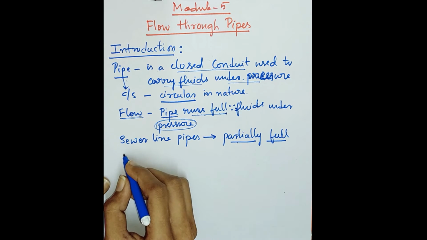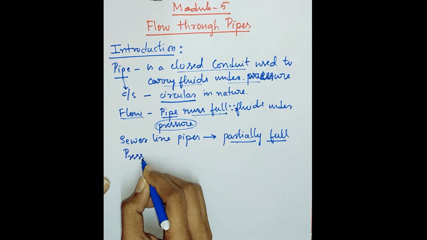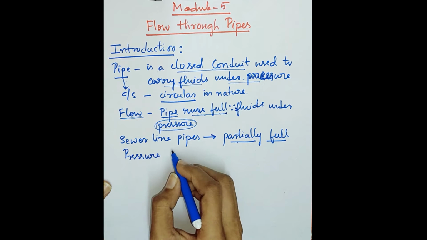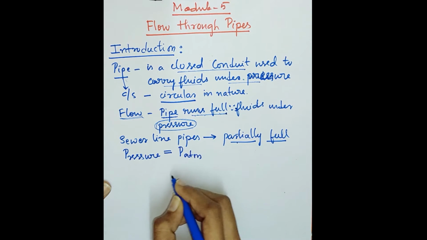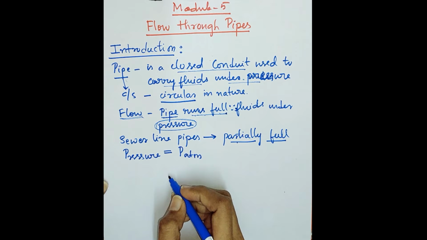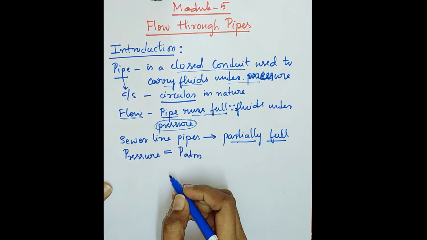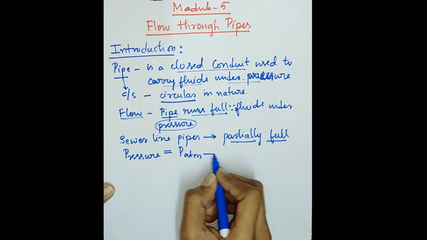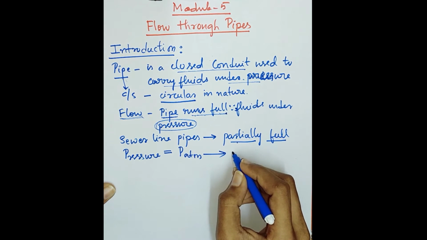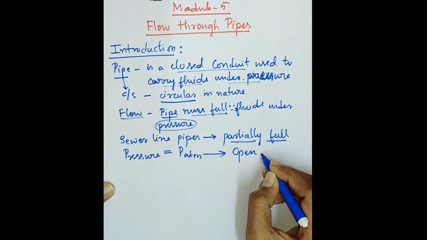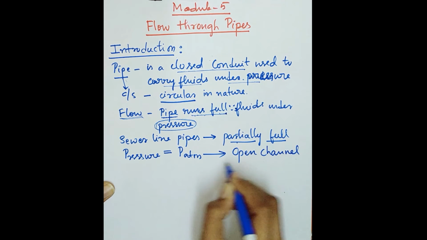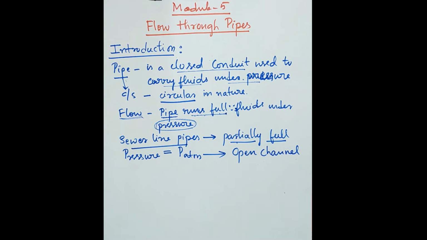And also because the pressure will be at atmospheric pressure. The pressure will be atmospheric pressure in case of sewer pipes. So this concept we are going to study in open channel flows. So those sewer line pipes come under flow through open channels.